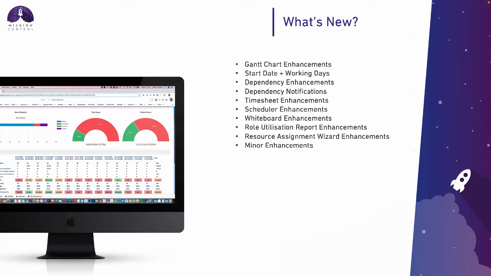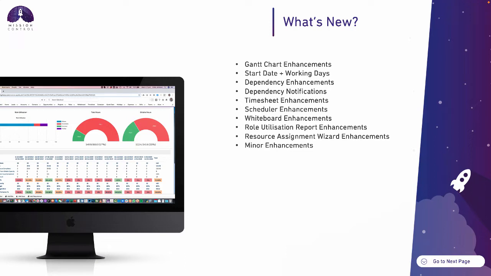So just a quick overview of some of the key enhancements. We've made a number of updates to the Gantt chart. We've also introduced a new feature to most places where you can create a new action, allowing you to set the end date by specifying a start date and number of working days.